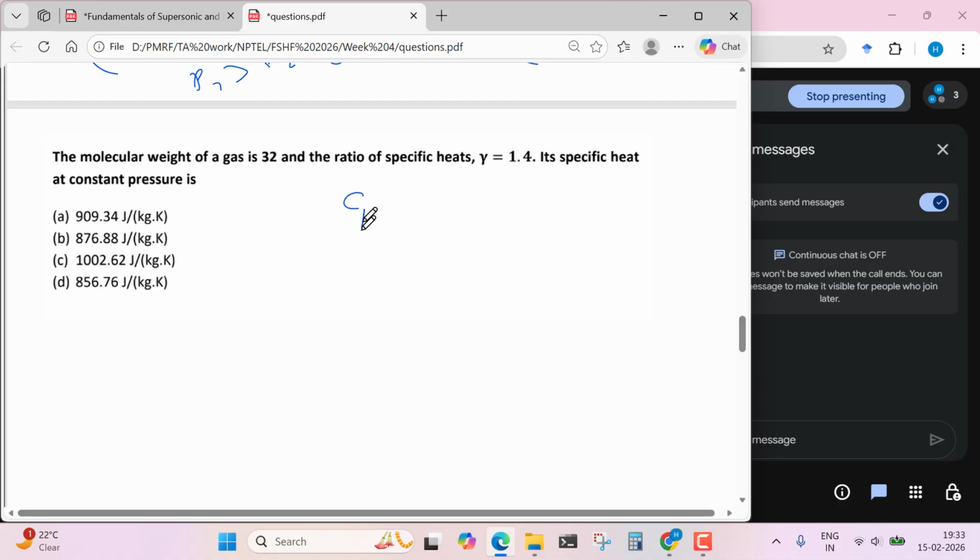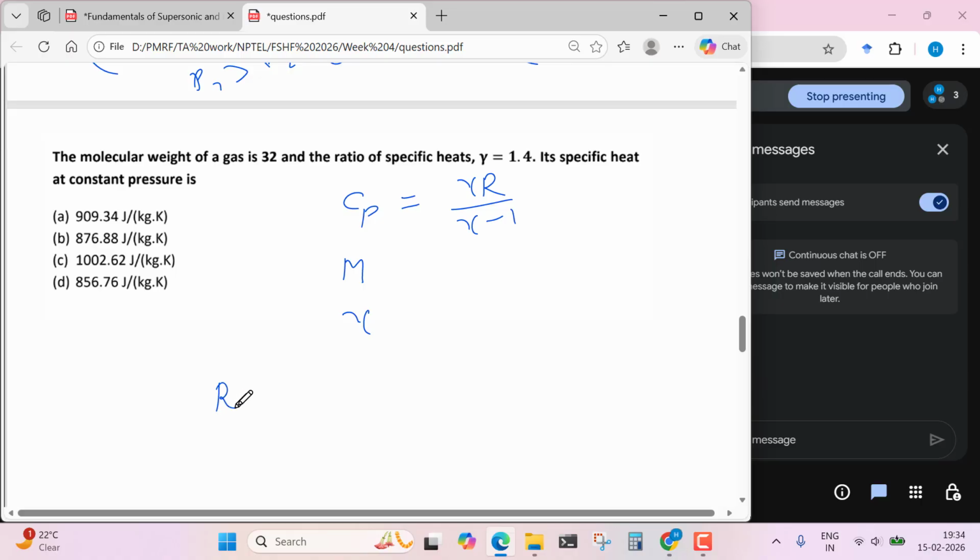We have to find Cp, and we know the molecular weight M and gamma. So Cp is given by gamma R upon gamma minus 1. We don't know the R of the gas, the specific gas constant, so we have to find R.